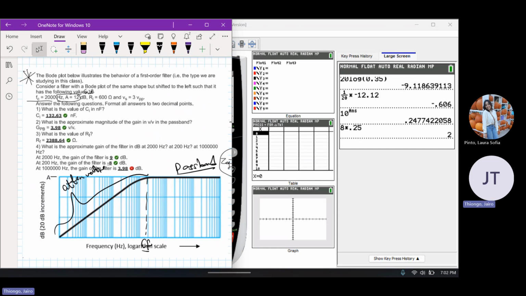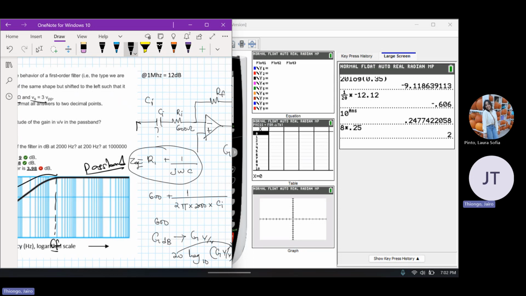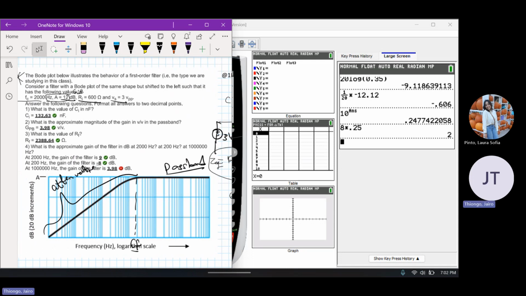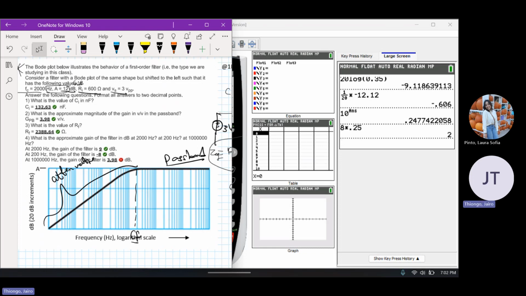We've been given the gain in dB, the R, and the V source, plus minus 3 volts per volt. We have the gain in dB, the cutoff frequency, and the resistance. It's asking for all these values.